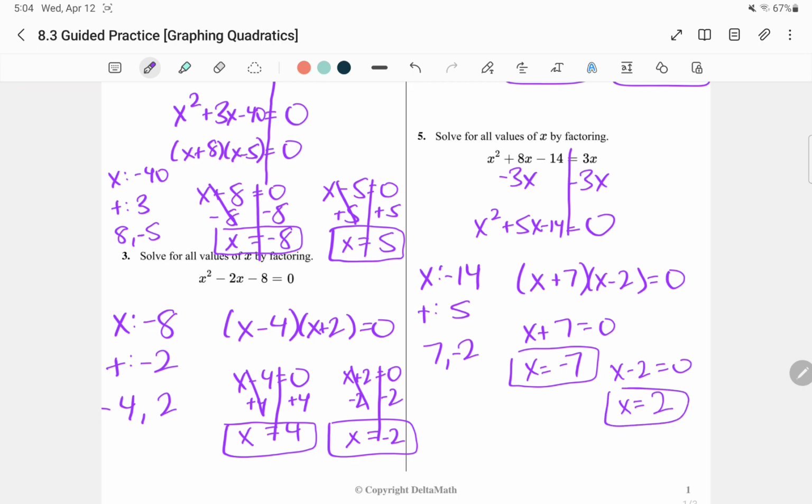And for number 5, x equals negative 7 and x equals positive 2.